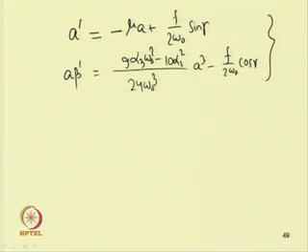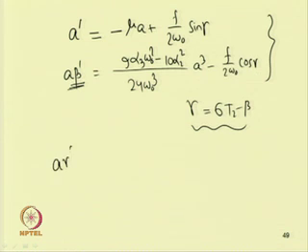As we did in the previous case, instead of writing this beta dash, we can write in terms of gamma. We will use gamma equal to sigma t2 minus beta, and the second equation we can write in this form, that is a gamma dash.